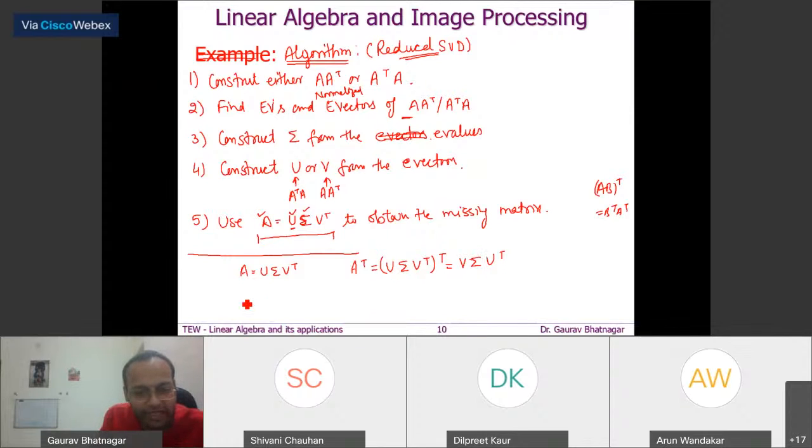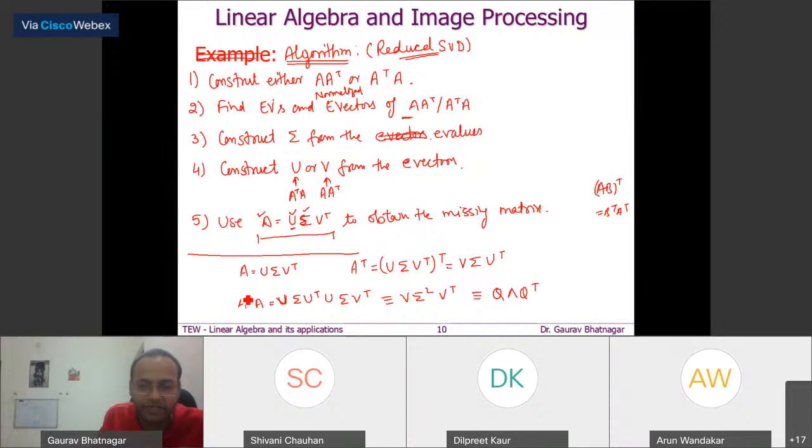Now A transpose A is V sigma U transpose times U sigma V transpose. What will you get? You will get V sigma square, because U is an orthogonal matrix, so U transpose U gives I, and then V transpose. The eigen decomposition which we got is like Q lambda Q transpose.